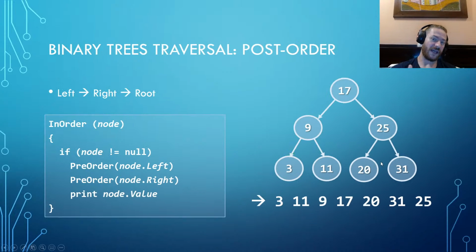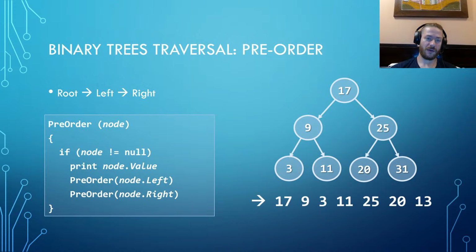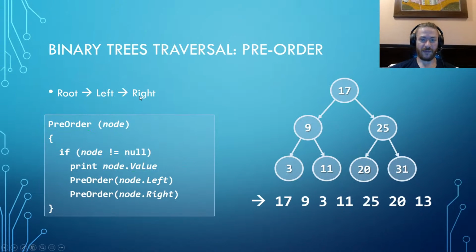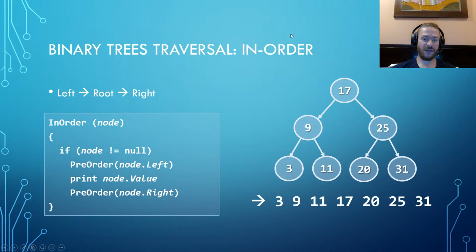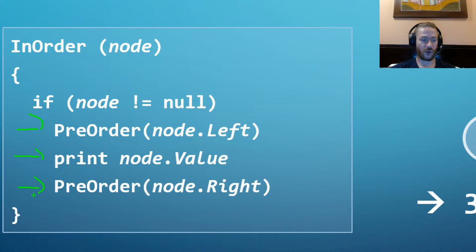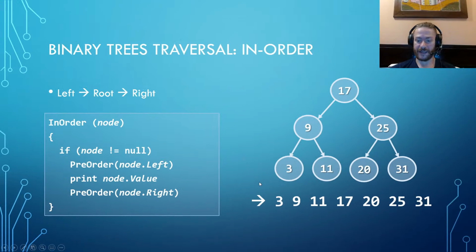So these three types of traversal algorithms of a binary tree have different results, and the difference between the implementations is in how we print different parts of the tree. For example, for pre-order, we first print the current node value because we need to print the root first. Then we print the left, then the right. And with in-order, we print first the left, then the root, and the difference is only the order of printing and calling the recursion.